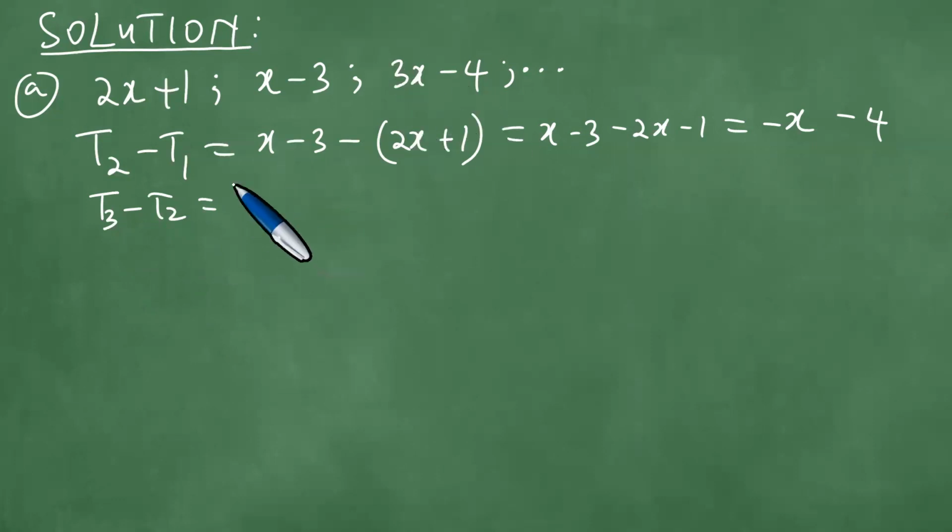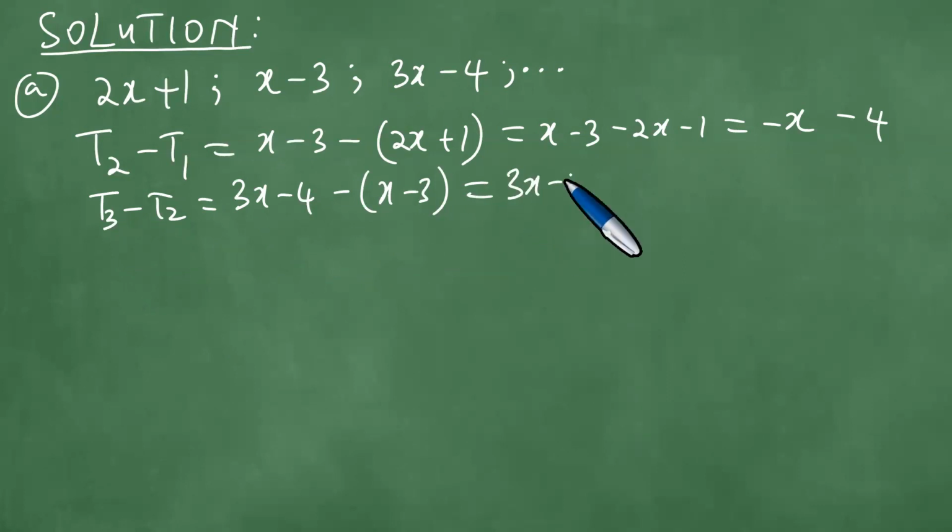T3 is 3x minus 4, T2 is x minus 3. Distribute: 3x minus x is 2x, and minus 4 plus 3 is minus 1.